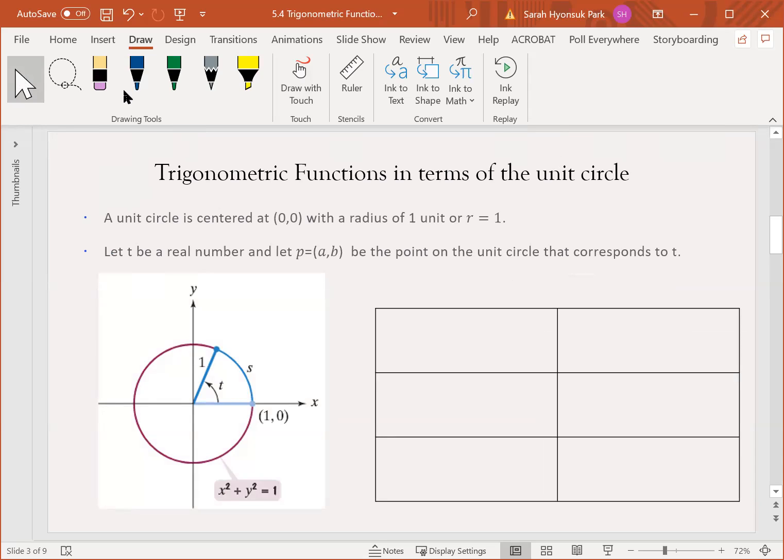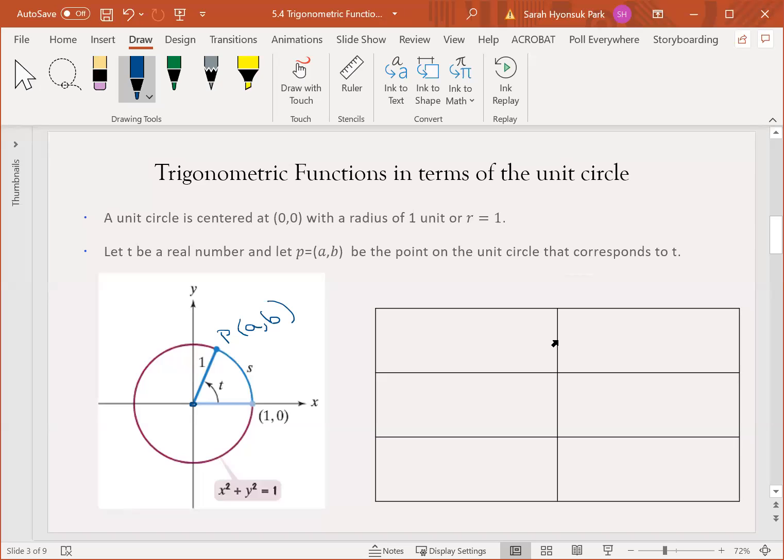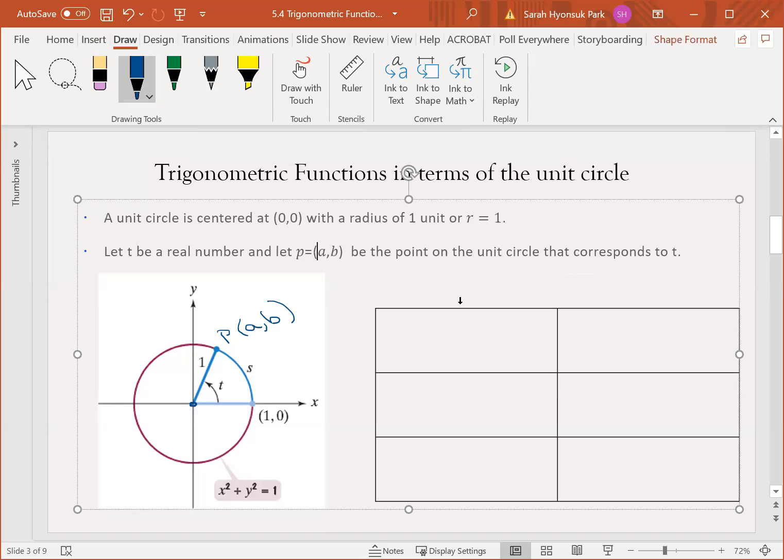If your circle is drawn like this on a coordinate plane, starting at the center, 0, 0, we have a unit circle with radius 1, and we're going to have a point P. Actually, let's just follow regular XY.